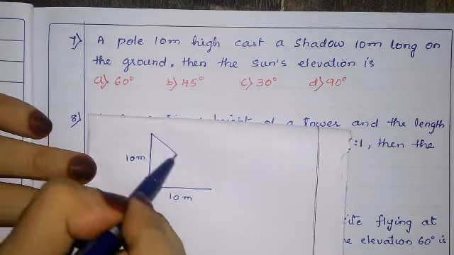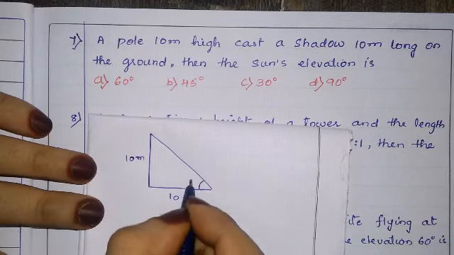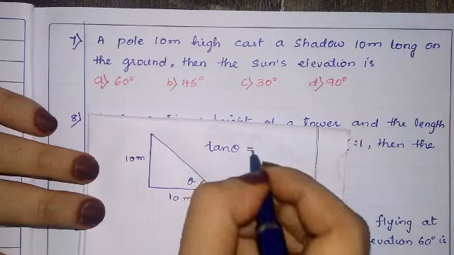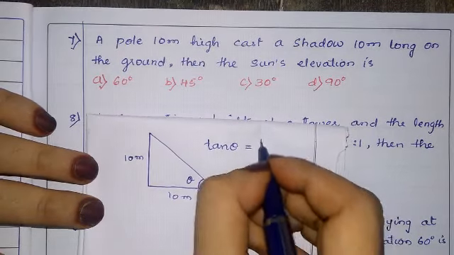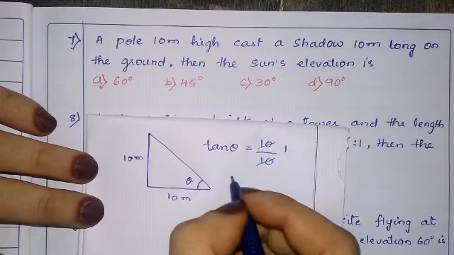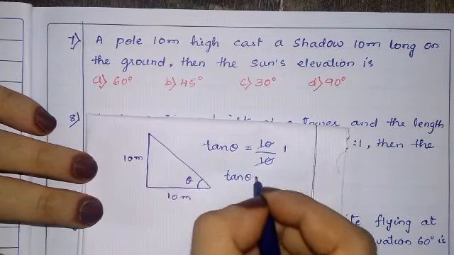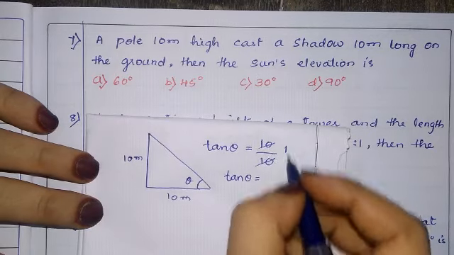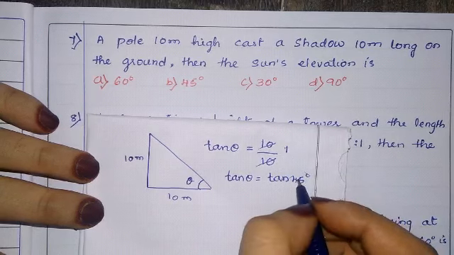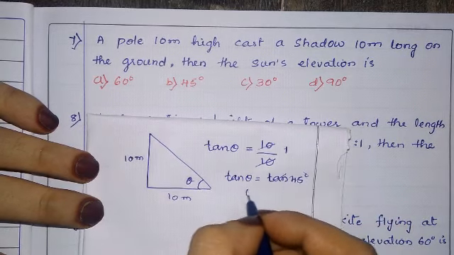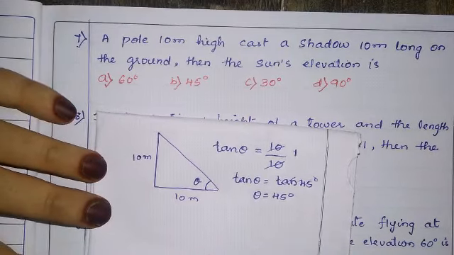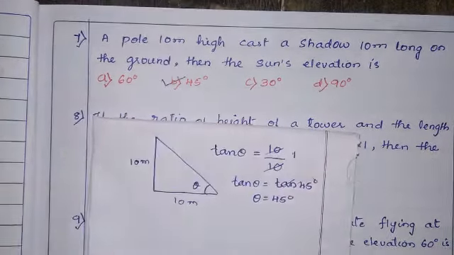Then the sun's elevation is, again you have to find theta. Tan theta is equal to opposite upon adjacent, 10 upon 10. 10 gets cancelled, nothing but 1. So in the tan table, 1 comes for 45 degree. So theta value is 45 degree. So the correct option here is B, 45 degree.